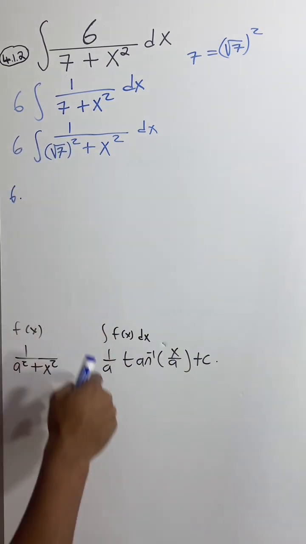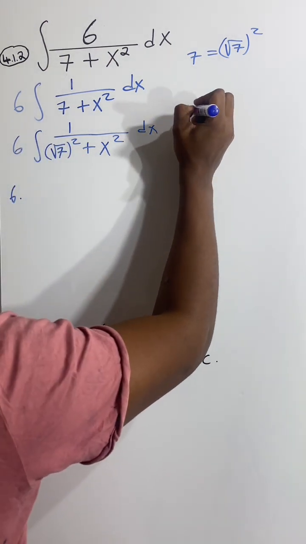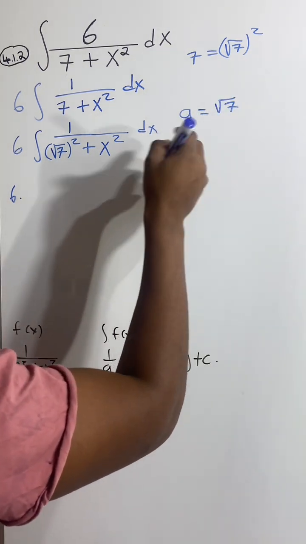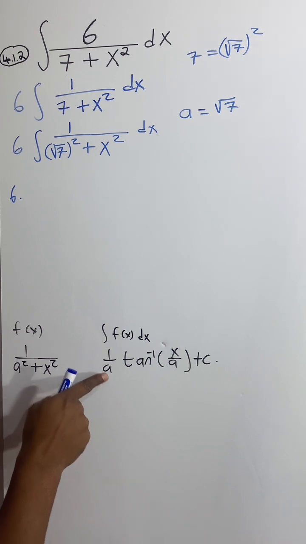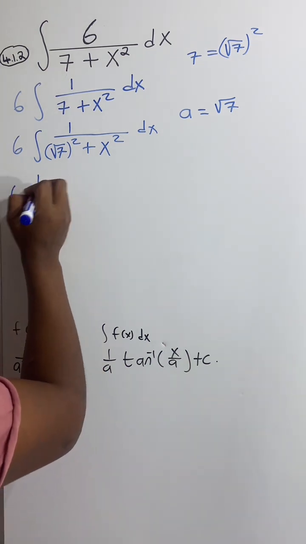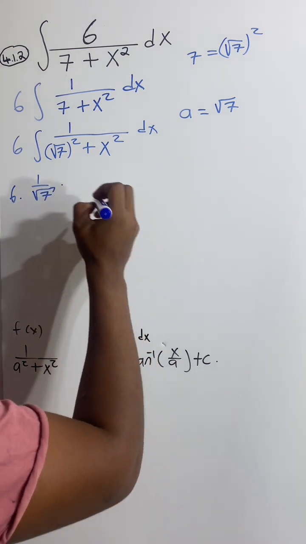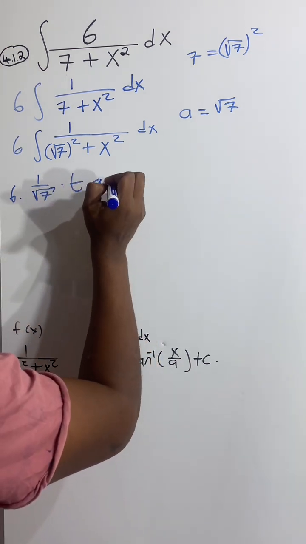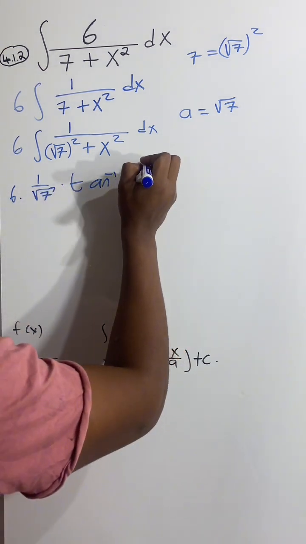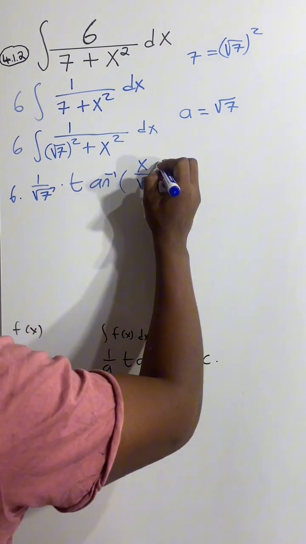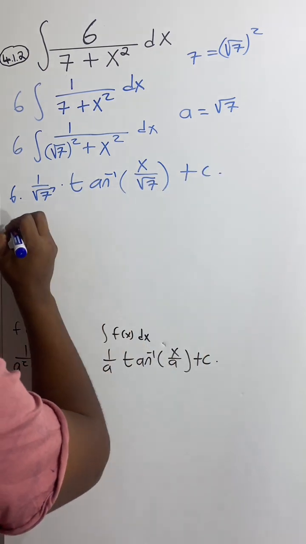So when we integrate that, our a in this case will be equal to the square root of 7. So our integral is going to be 1 over a, which is equal to the square root of 7, arctan of x over the square root of 7, plus c.